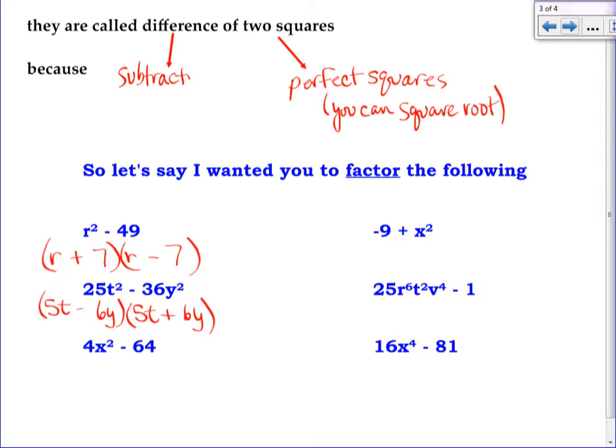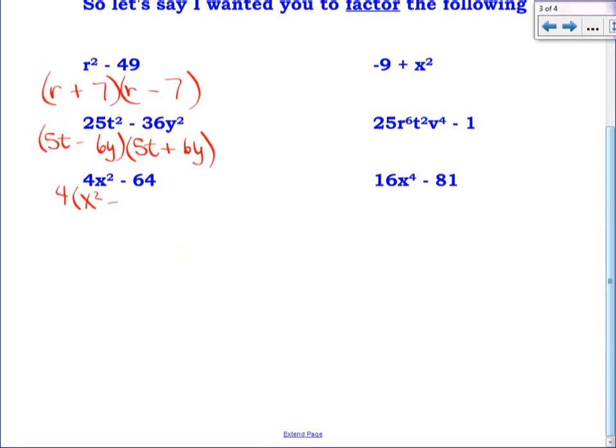Jumping down here, can we take anything out of both of these? How much? Okay, so if we take a 4 out, what are we left with? Minus. We're just taking a 4 out, so what would be left right here? 16.